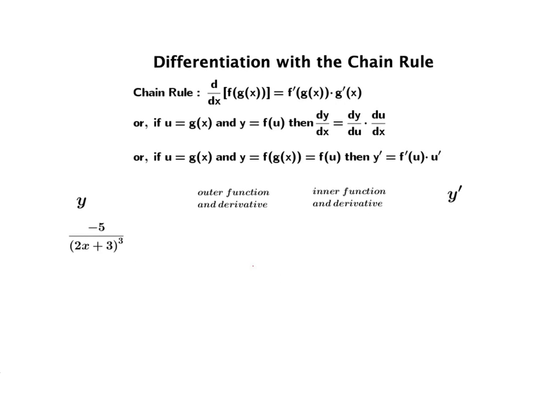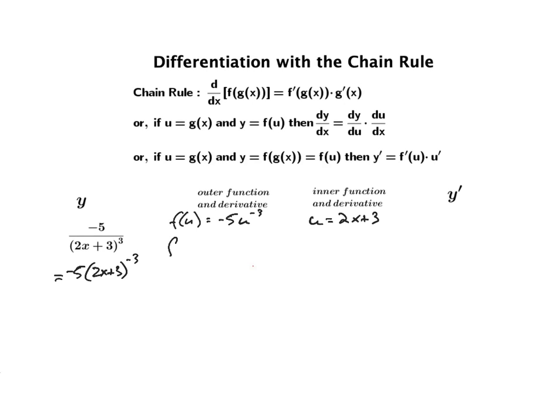Here's another one where it pays to rewrite the function. So negative 5 times, that's 2x plus 3 to the negative 3 power. Our inner function u is going to be 2x plus 3. And our outer function f of u is going to be negative 5u to the negative 3 power.